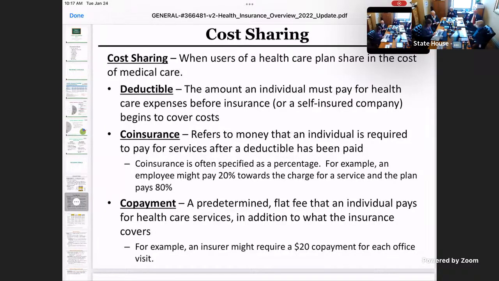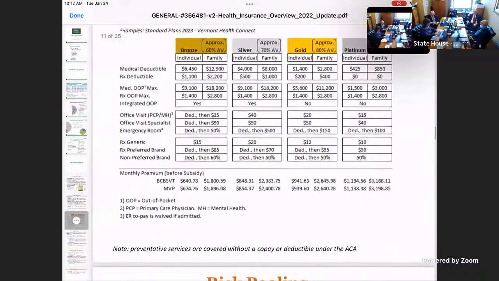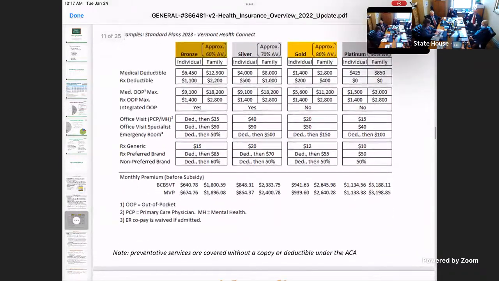And so I'll show you this. This is like a smorgasbord to give you a sense of what a plan might look like. These are examples of Vermont Health Connect, I think both MVP and Blue Cross Blue Shield and their standard plans. And you can see that the deductible for bronze is 6,400 for an individual, and for gold is 1,400, and for platinum is 425.